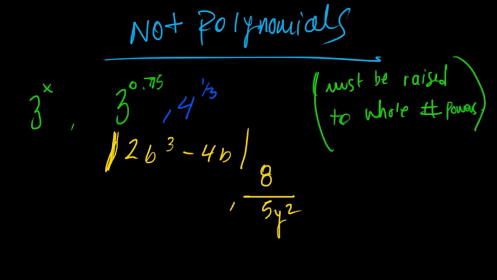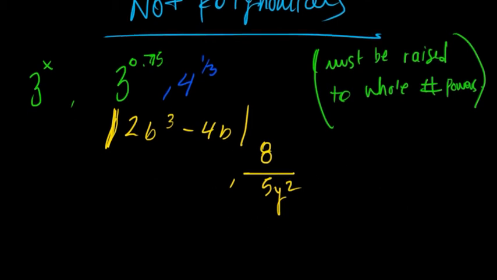Now, we do have division of polynomials, but in order for me to divide a polynomial, it needs to be a polynomial. But this here is not a polynomial. In a later video in this polynomial series, we'll actually see division of polynomials, like x squared plus 4x plus 6 divided into x squared minus 4x minus 2.